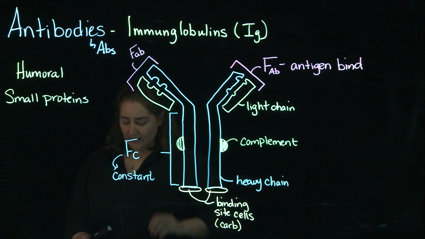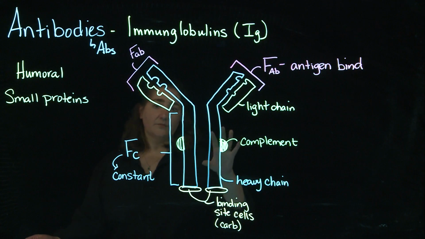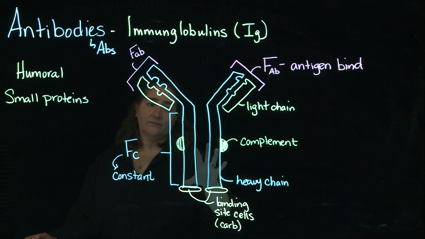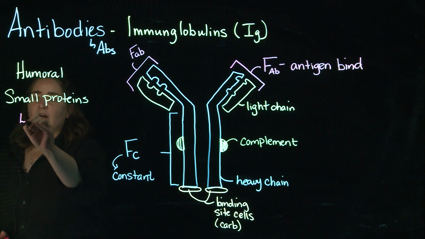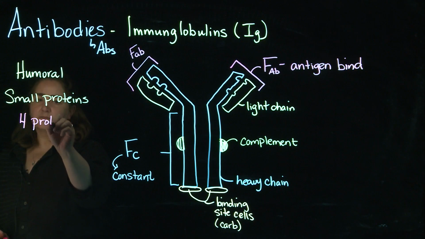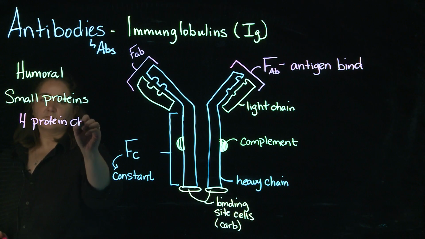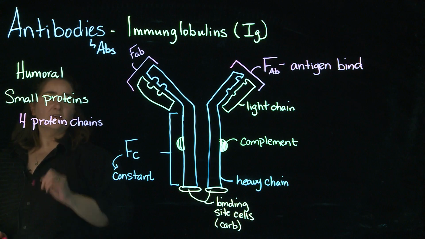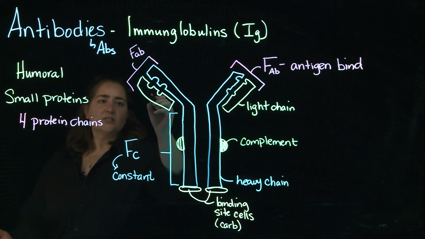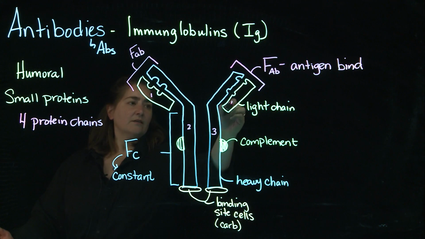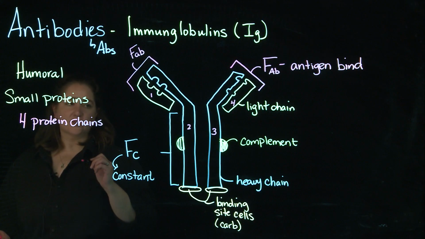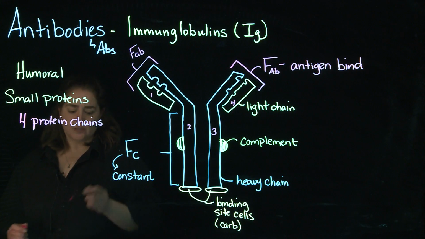In terms of our antibody composition, essentially we've got 4 protein chains: 1, 2, 3, 4. That's just to show you that we've got 4 individual proteins there.